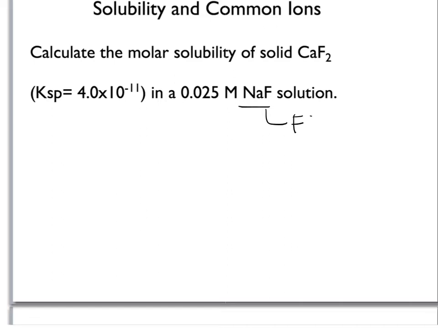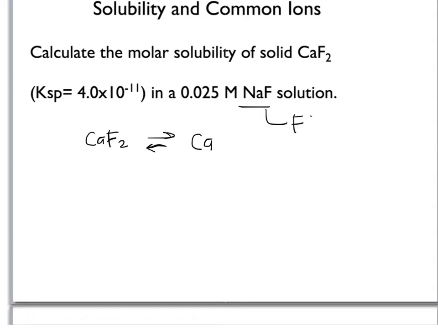So what we want to do first is set up our reaction for the dissolution of calcium fluoride, sorry, not sodium fluoride. We have solid calcium fluoride, and when it dissociates, it goes to that equilibrium.